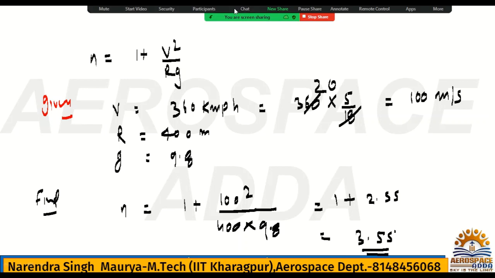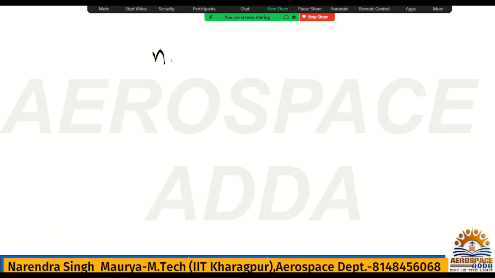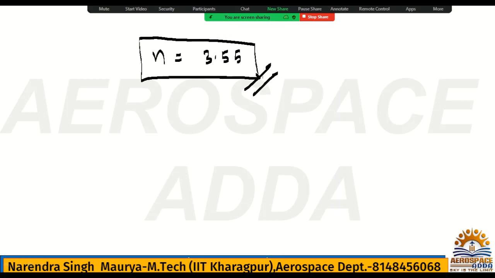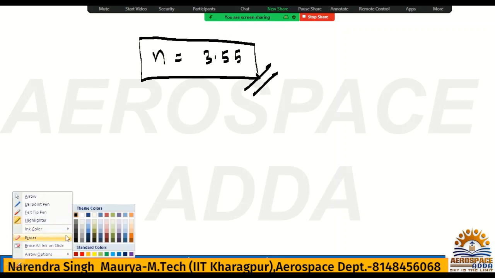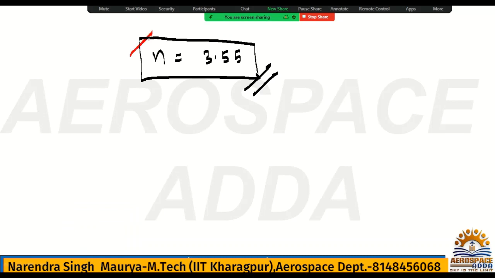This is the answer. So what is the load factor you got for this problem? n is equal to 3.55. You have to fix the value to 2 decimals. They will give the range, and only in that range should your answer come, otherwise the computer will not accept your answer.